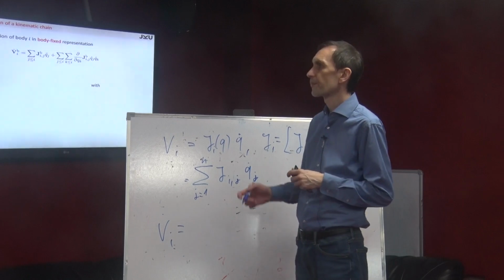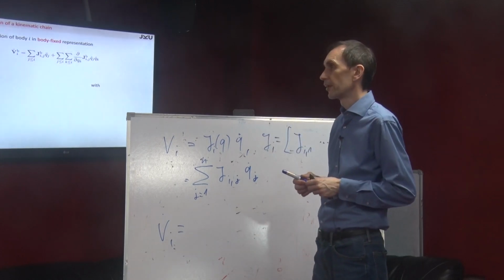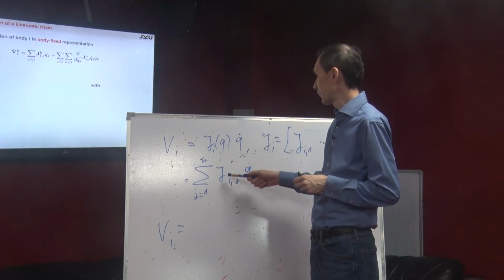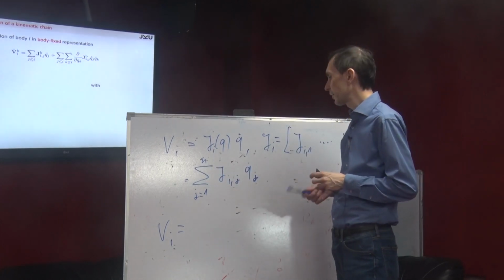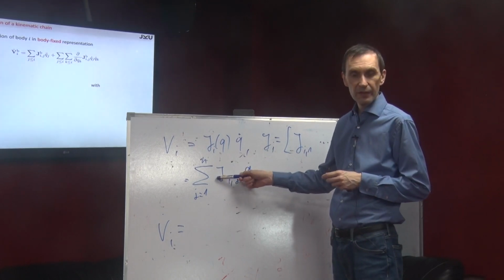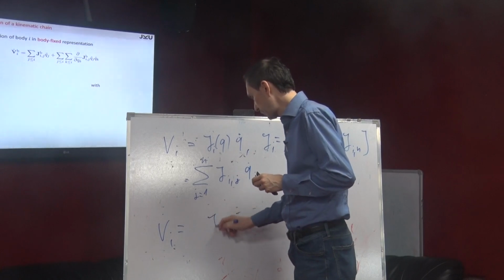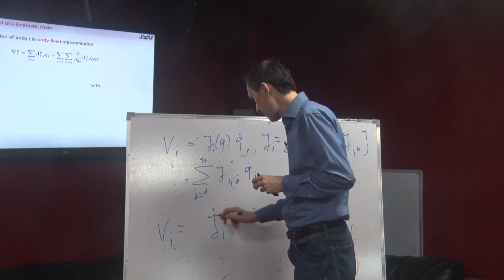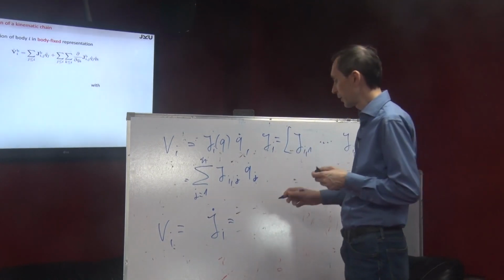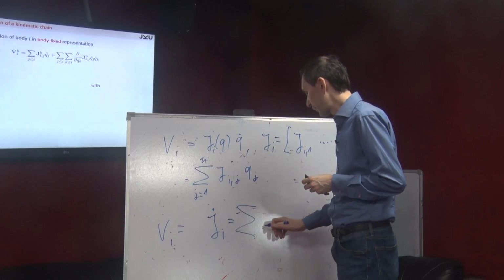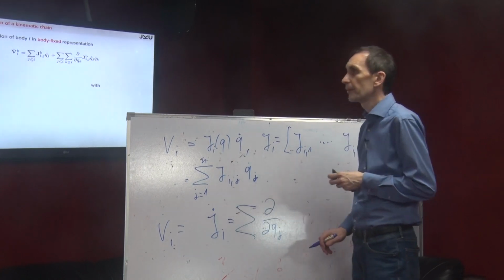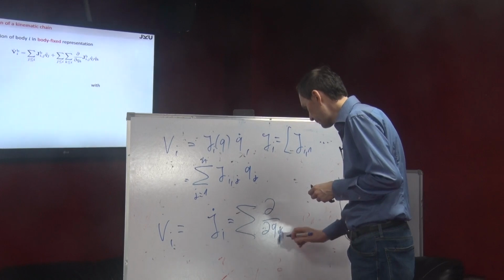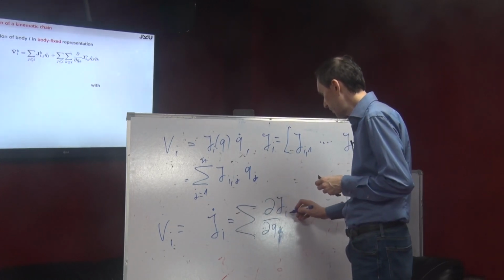First you take the time derivative of the q dot, which gives q double dot, and then you have to take the time derivative of J. The time derivative of J_I is simply applying the chain rule: you take the partial derivative with respect to q_k of J_I, multiplied with q_k dot.